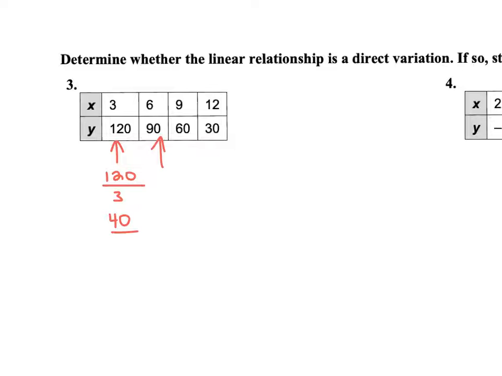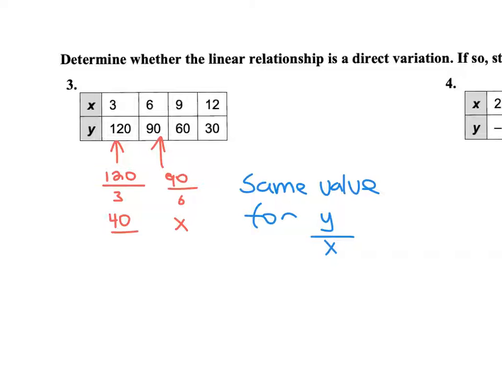Now my next coordinate, I've got 90 divided by 6. And that does not simplify to 40. So I can stop right there. I have to have the same value for all of my y's divided by x's for the relationship to be proportional. So this is non-proportional, and that's all I have to say.